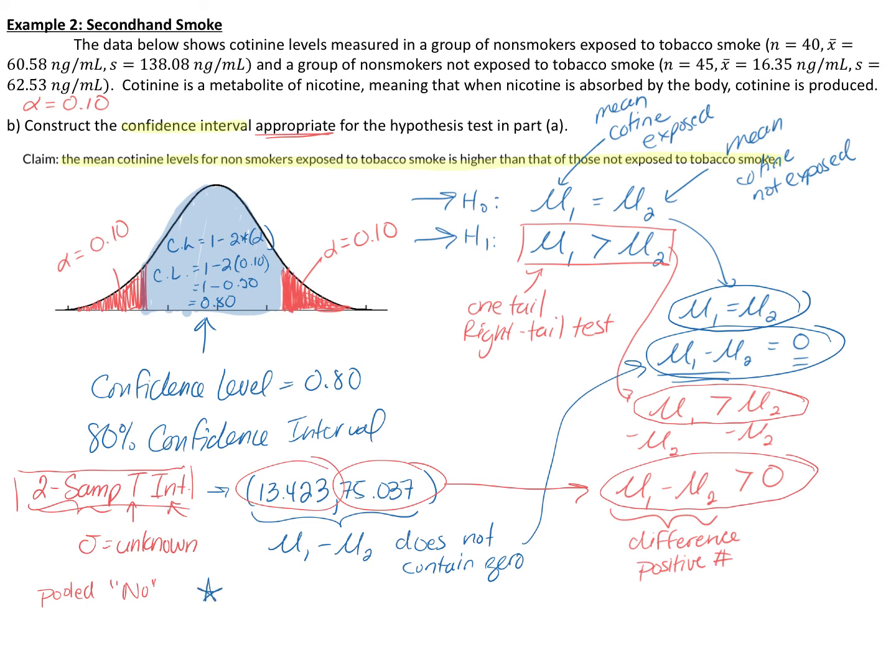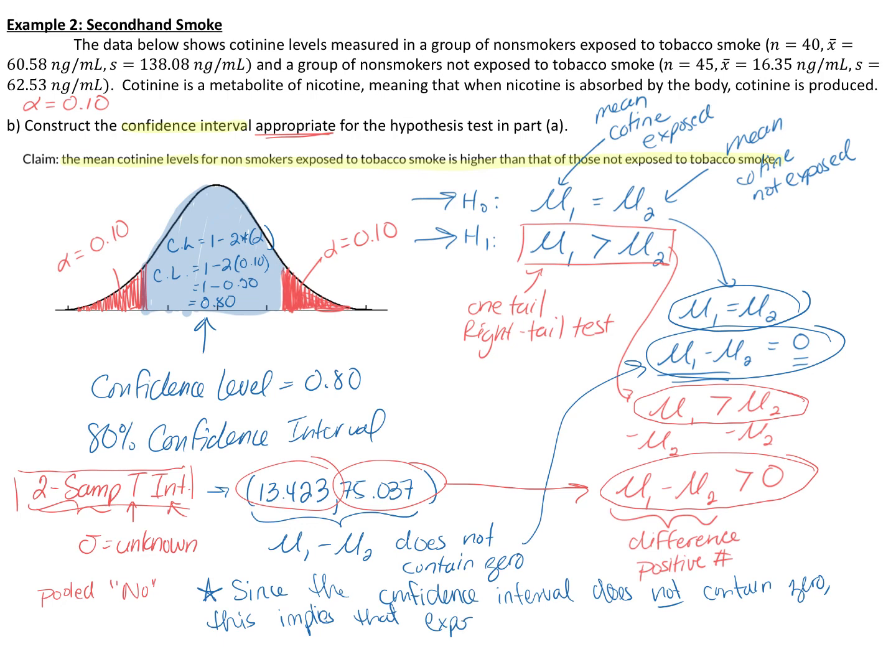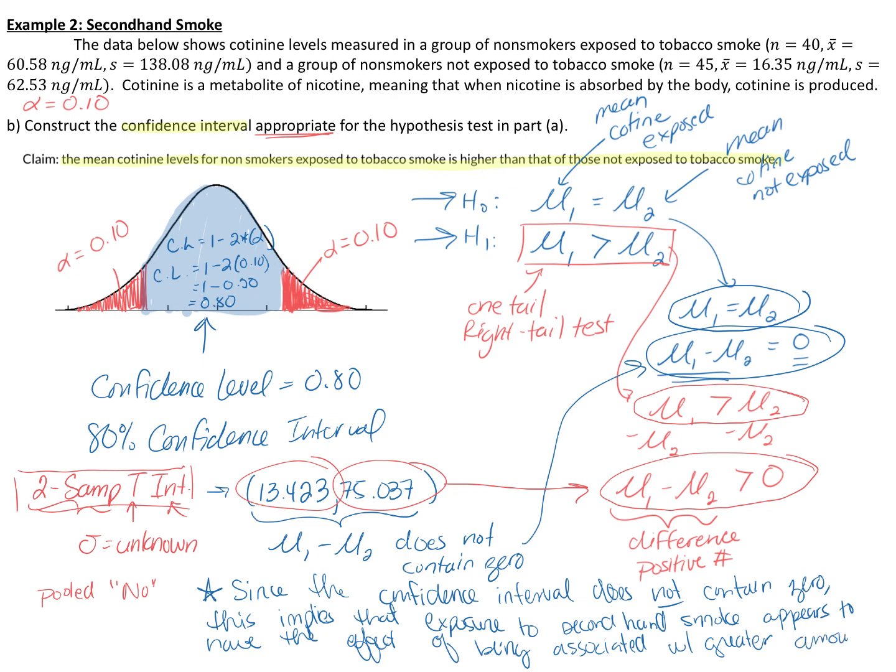All right, so I'll write this down for those of you who wanted the notes in detail. So you'll say, since the confidence interval does not contain 0, this suggests or implies that exposure to second-hand smoke appears to have the effect of being associated with greater or higher, whichever word you want to choose there, amounts of cotinine.